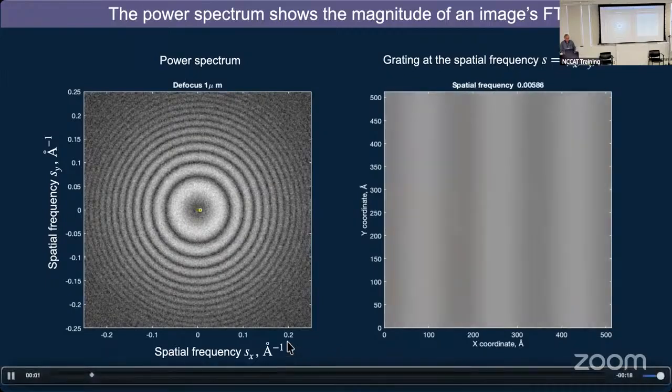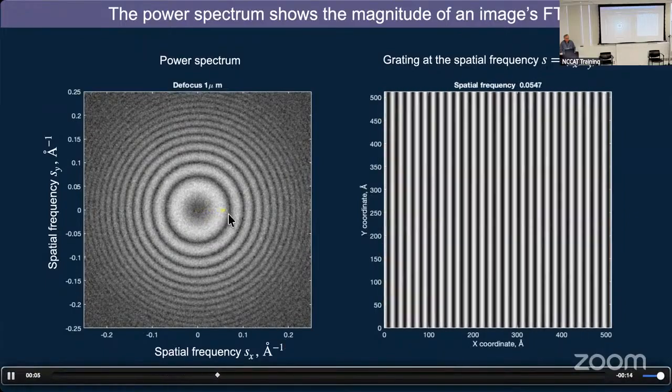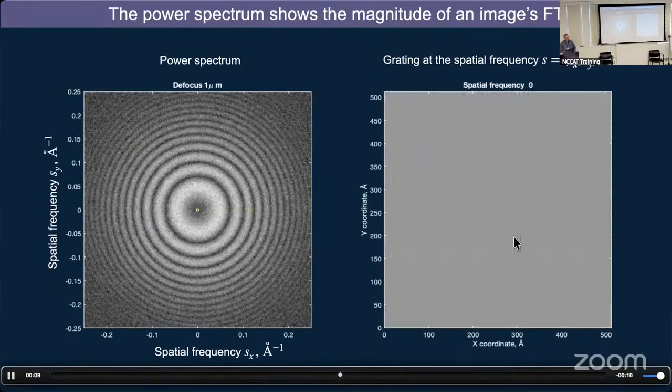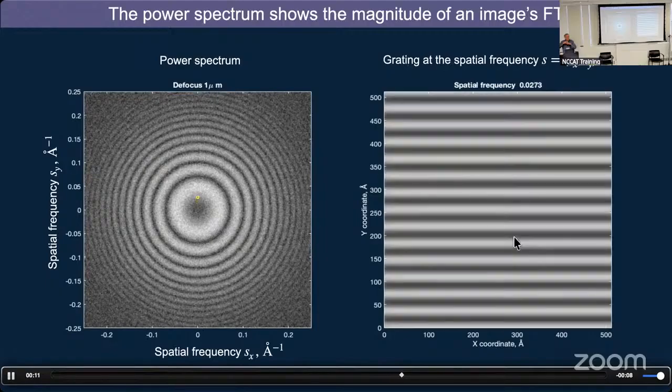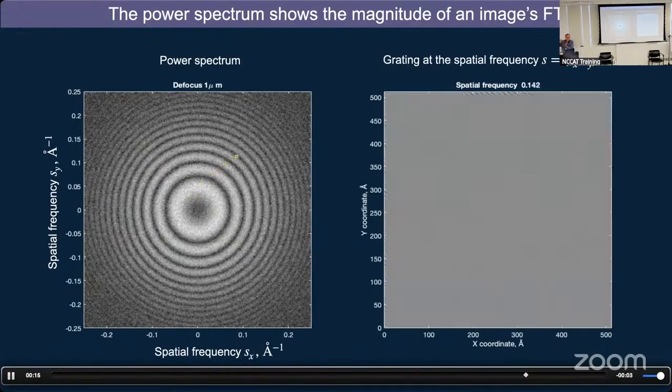So for example, if I start to move and look at points in various horizontal directions here, I see that these correspond to gratings in particular directions and spacings, and the farther I move out, the finer the gratings are. And we'll see in a minute that if I have all possible grating spacings and directions, I can reconstruct images.